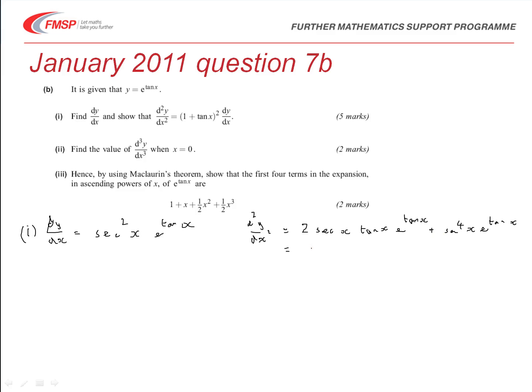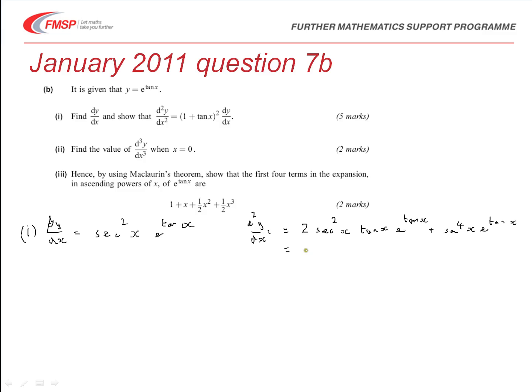Just looking through this I realised that I dropped a sec, because here we were differentiating sec squared, so it becomes twice sec, but then you've got to differentiate sec, which is sec tan, so this should then become twice sec squared tan x. Going to have trouble getting the sec squared out as a factor otherwise.